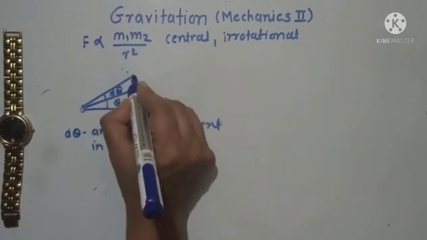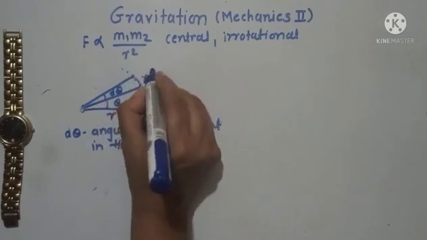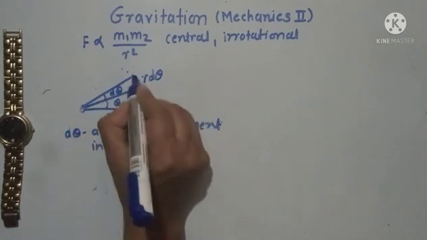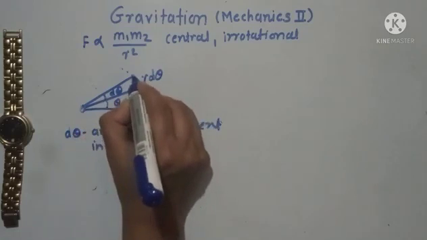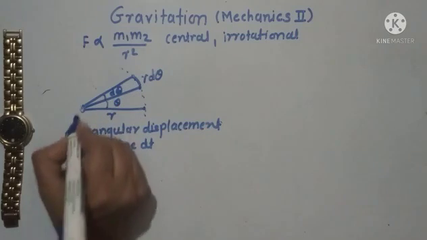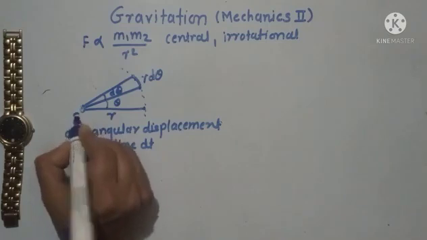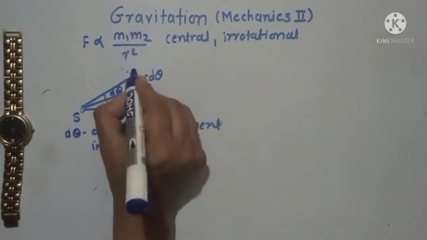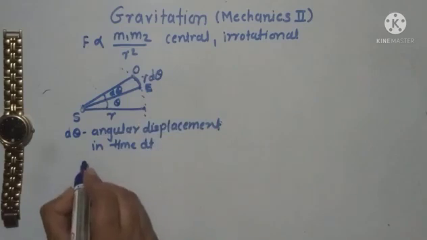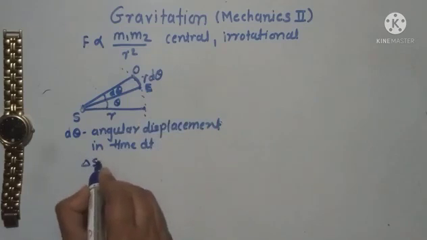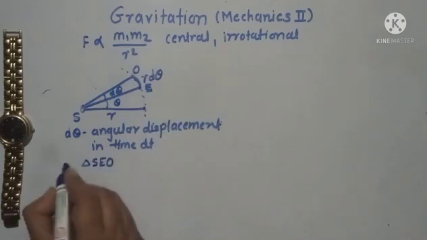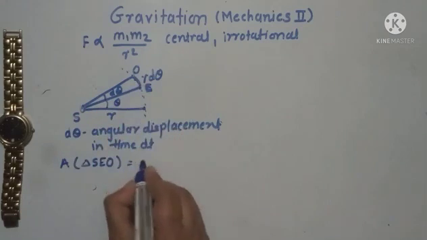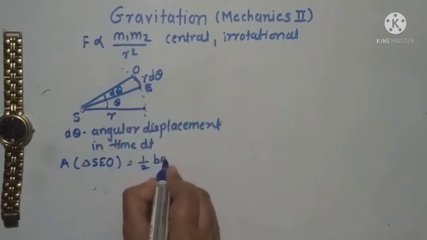So this distance is given by r into d theta. Let S be the Sun, this is the Earth, and let this be O. So in triangle SEO, the area of this triangle can be given by 1/2 base into height.